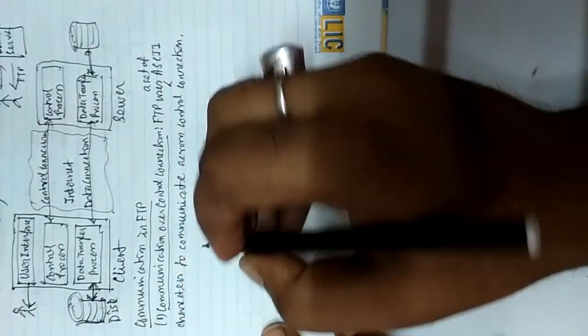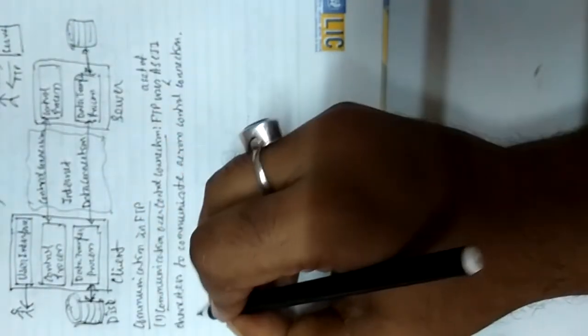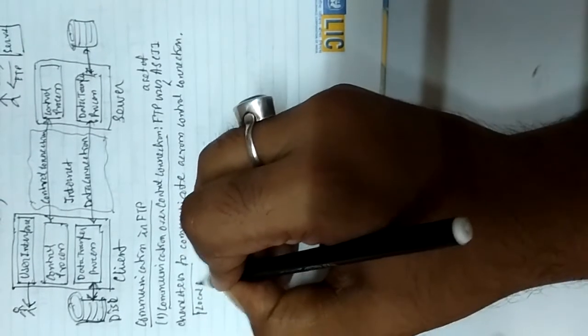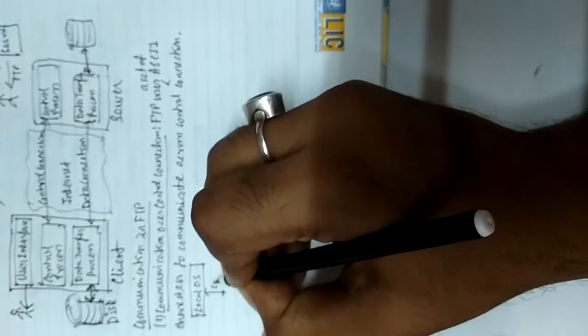If we draw the figure, we can draw it this way. This is a local operating system, and the corresponding code is there.